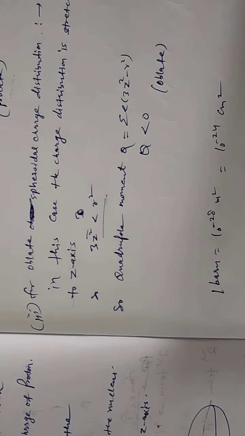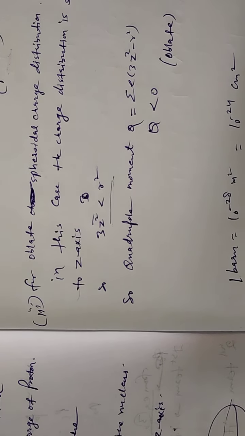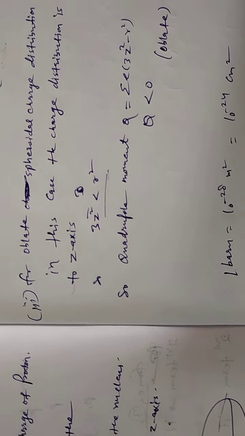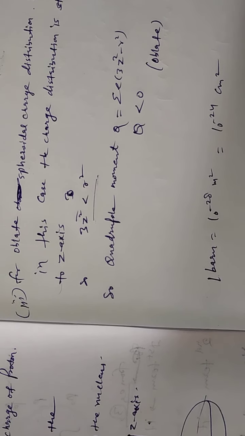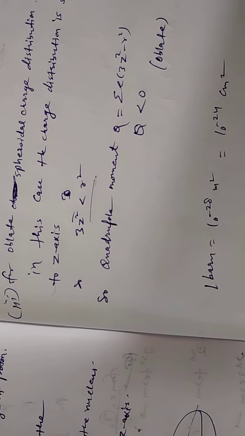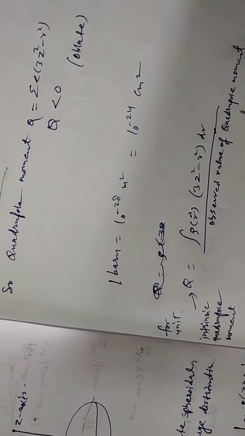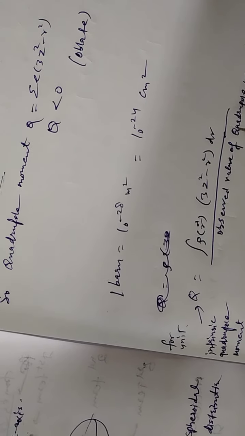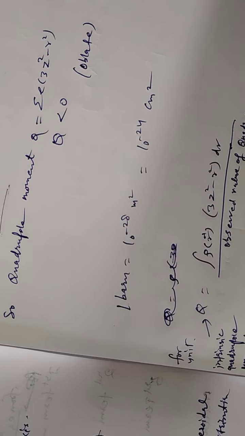Now the unit of the intrinsic quadrupole moment is the barn. For the unit, the quadrupole moment formula is Q equals the integral of rho times (3z square minus r square) dV, divided by the observed value of the quadrupole moment.